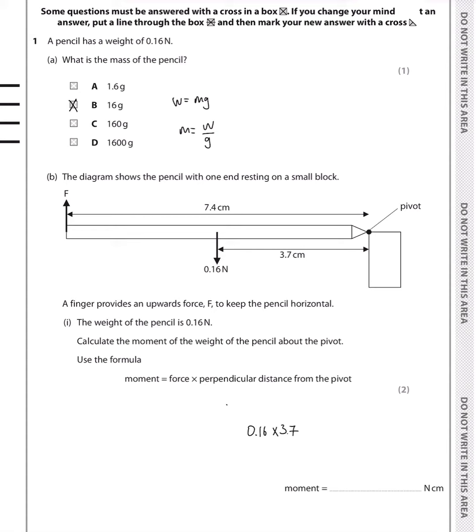Since the unit of the moment here is Newton centimeters, we don't have to convert the distance from centimeters to meters. So we just do 0.16 multiplied by 3.7, and that gives us 0.592 Newton centimeters.